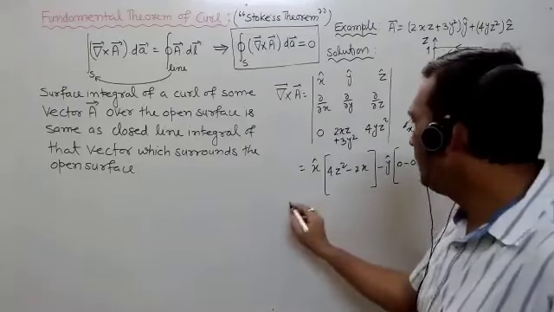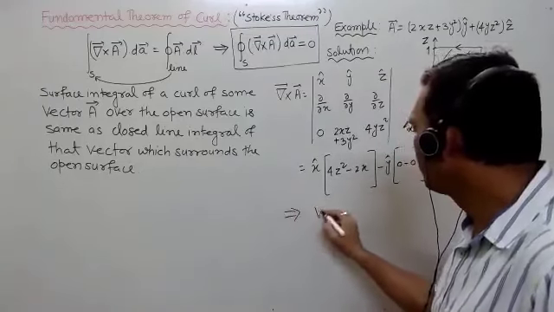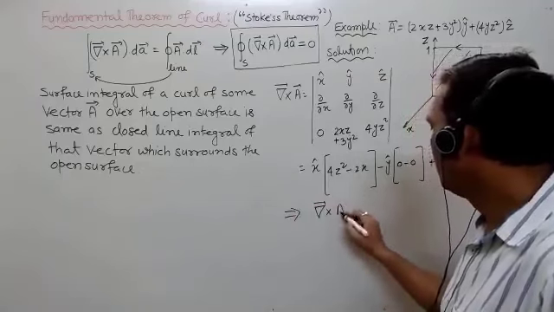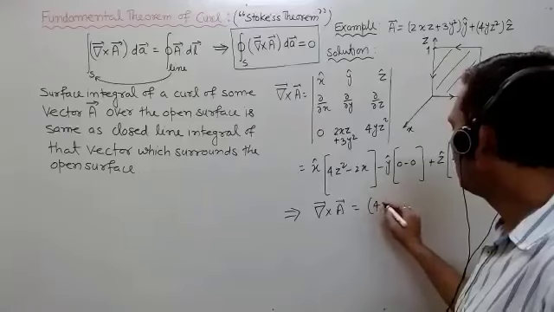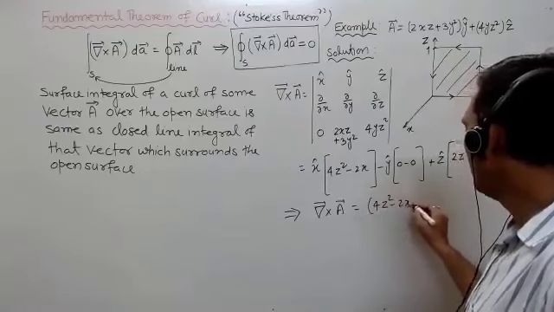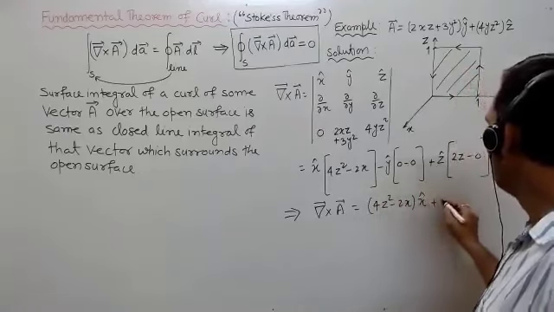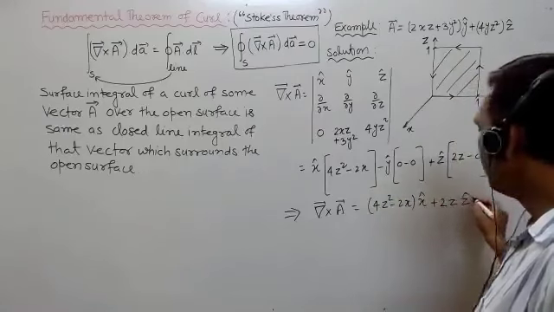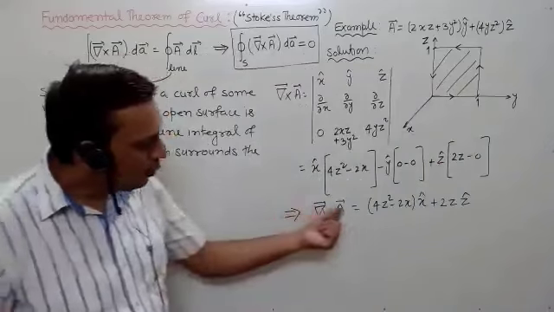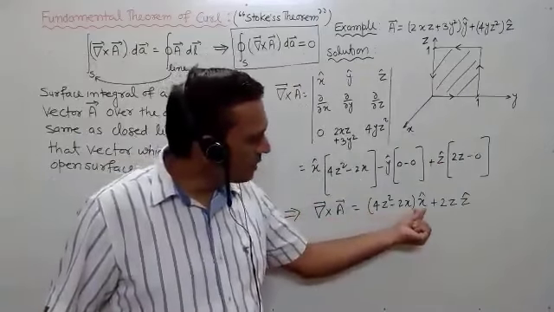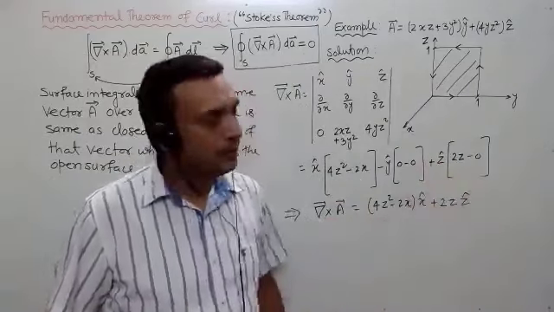So what will be the curl of A? Curl of A is 4z square minus 2x x cap plus 2z z cap. This is the curl of A.